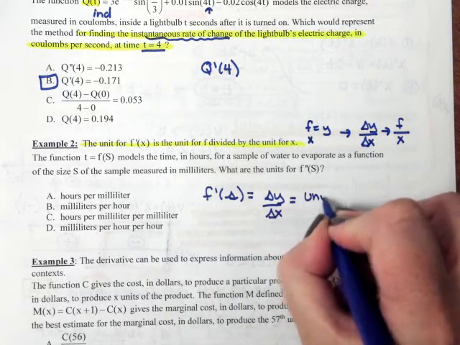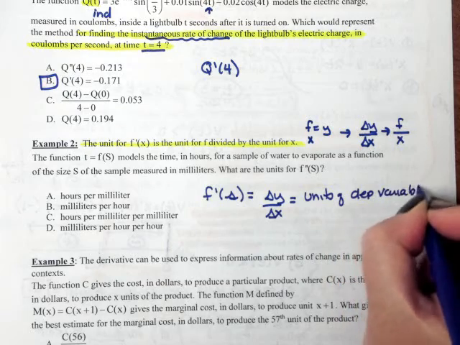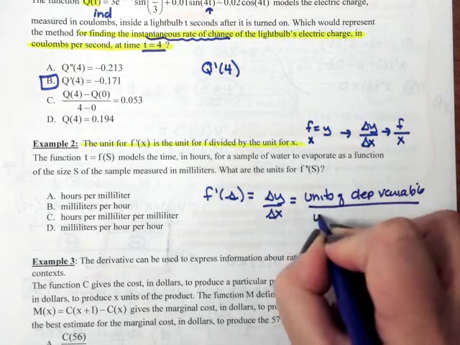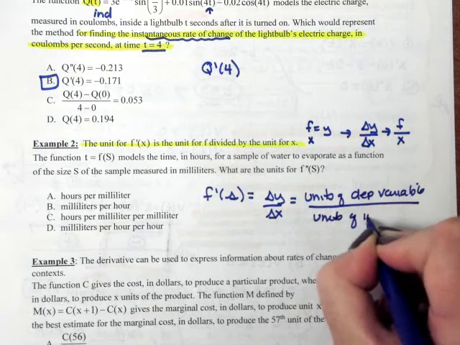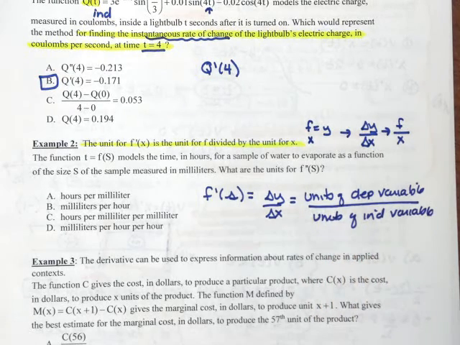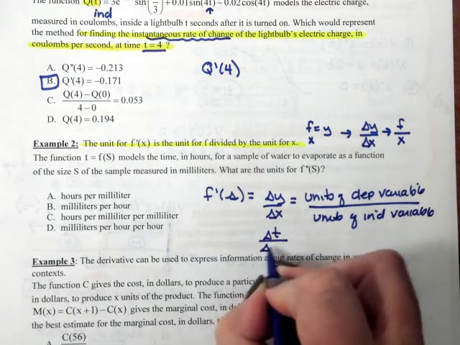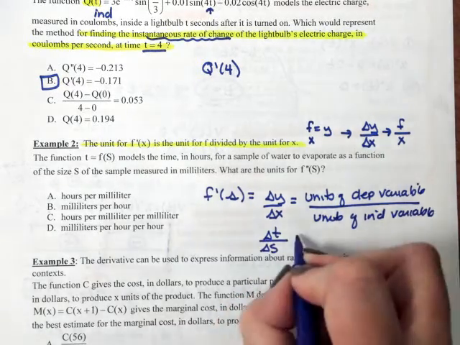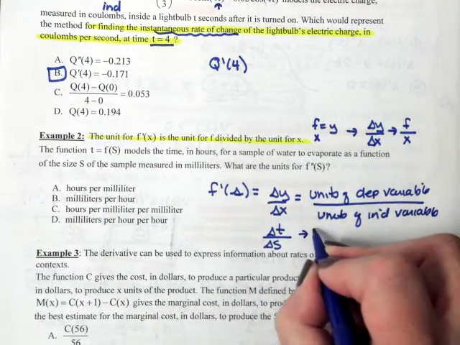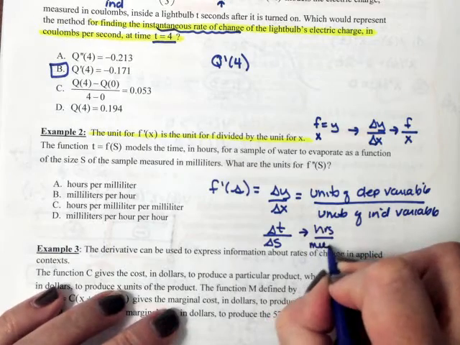Remember, it's the units of the dependent variable divided by the units of your independent variable. So in this particular case, you're looking at the change in time over the change in s. So again, the time is measured in hours, s is measured in milliliters.